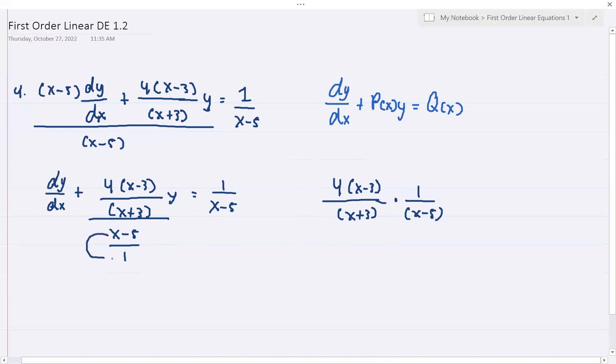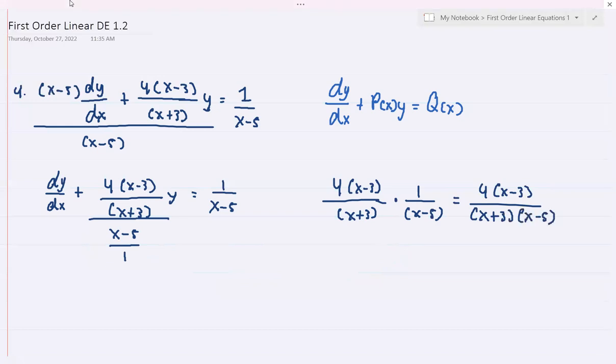So your x minus 5 will be here, and your 1 will be here. So we will have times 1 all over x minus 5. Basically, interchange the position. So now let's multiply. So we will have 4 times x minus 3 all over quantity x plus 3 times x minus 5.